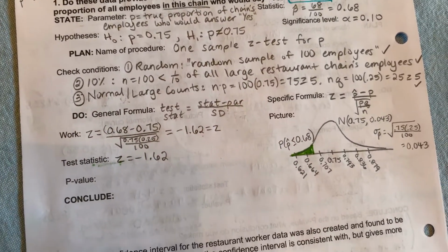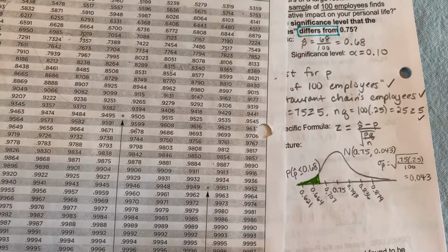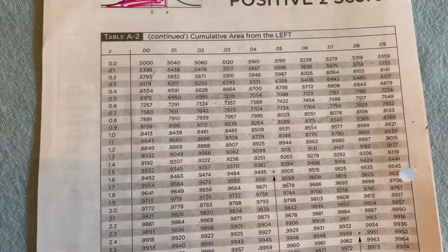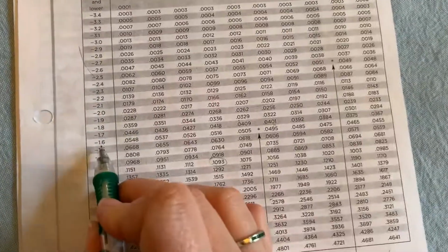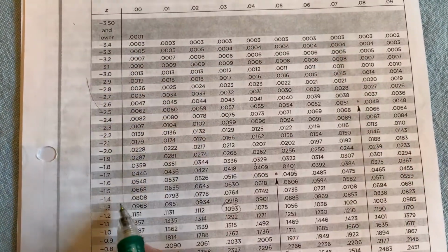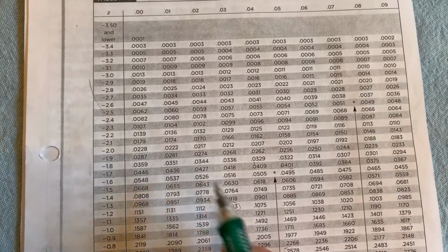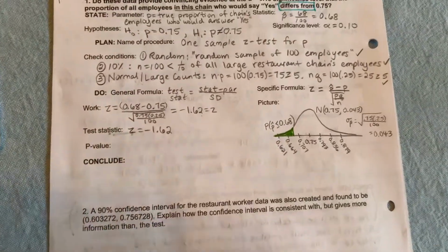Okay, so let's look at table A2. I need to be on the negative z-score side, so let's flip over. Negative 1.6, I line up here with 0.02, so negative 1.62 is 0.0526 is the area to the left.